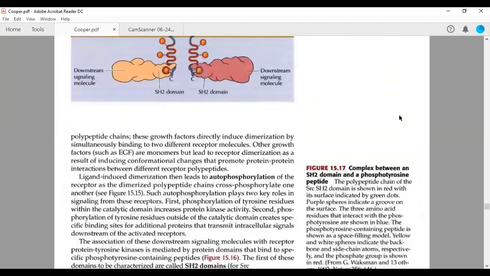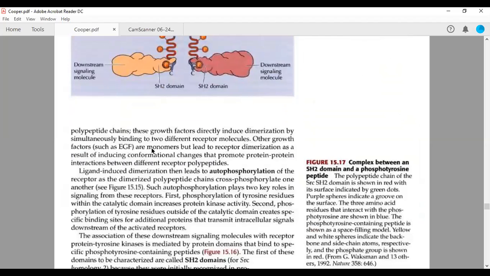So now, we have discussed that epidermal growth factor is a monomer, but receptor dimerization will result after binding with the ligand.